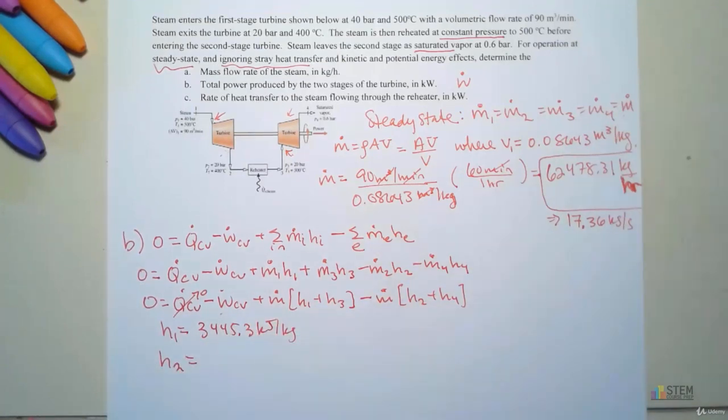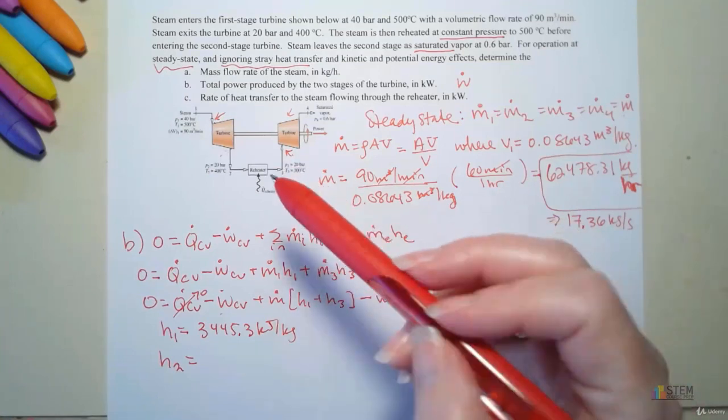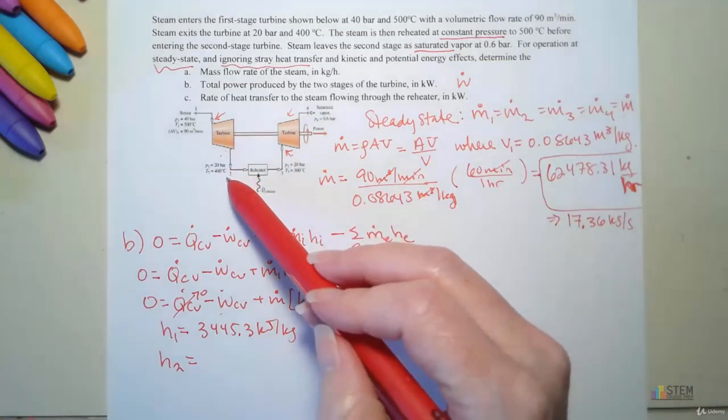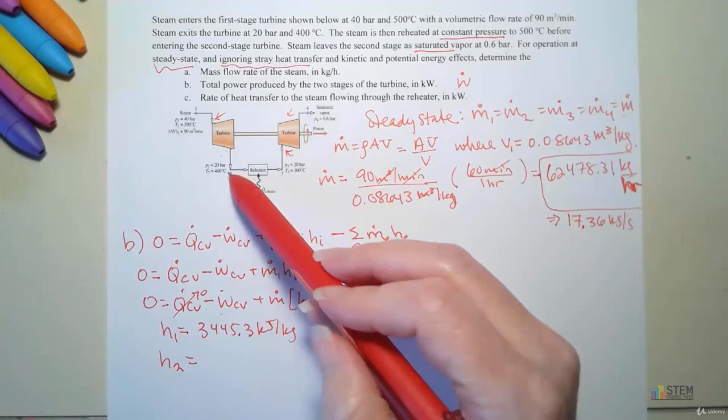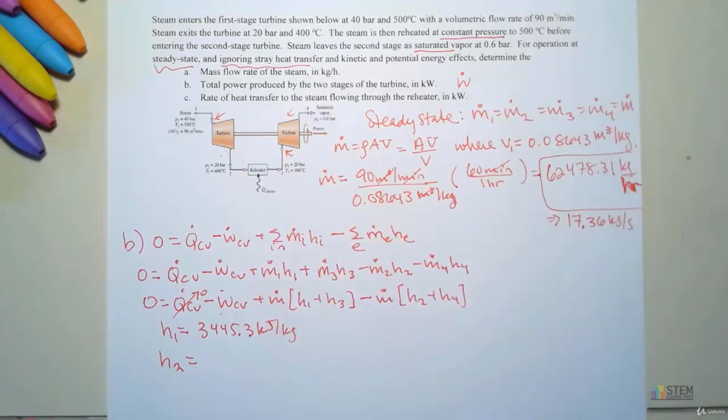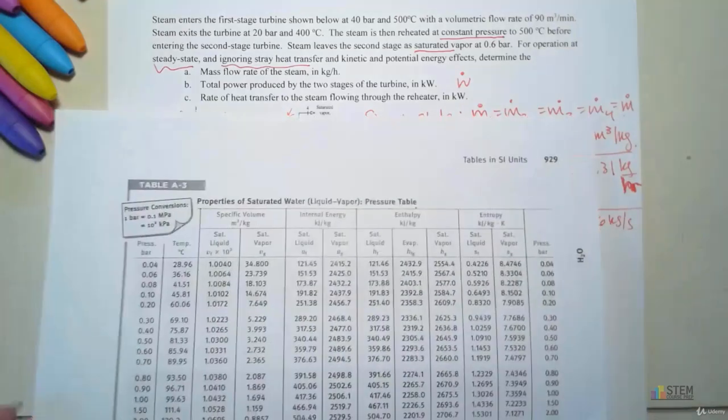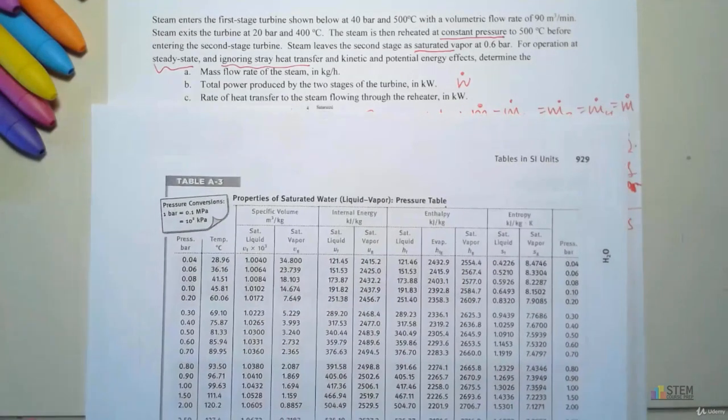Now H2, for that one, you are at a reduced pressure of 20 bar and a temperature of 400 degrees Celsius. So if you look in your table, you will find that you're still going to be superheated vapor. And just to show you that, let's pull this table out. So this is our saturated water table.